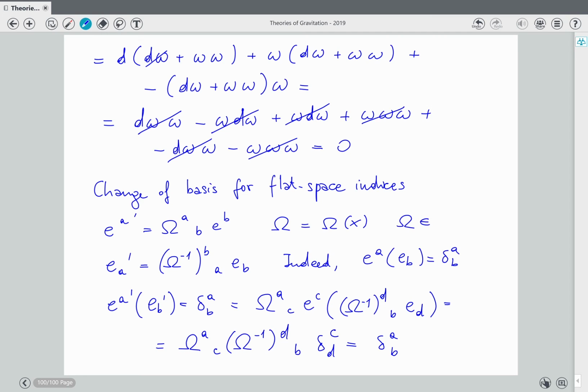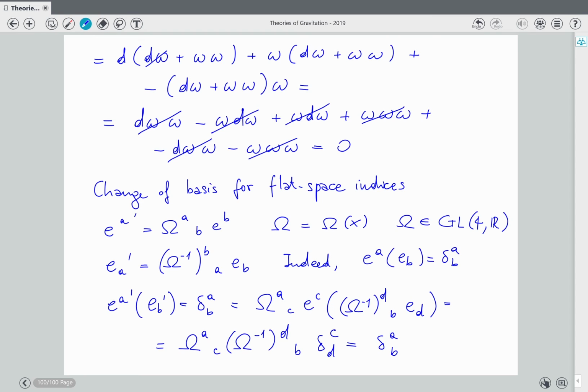Omega, for the moment, can be any function of the linear group with real values. It has to be invertible because we want that to be a basis, but it doesn't need to be a Lorentz transformation. We will see later when we will have to restrict to transformations of the Lorentz group.